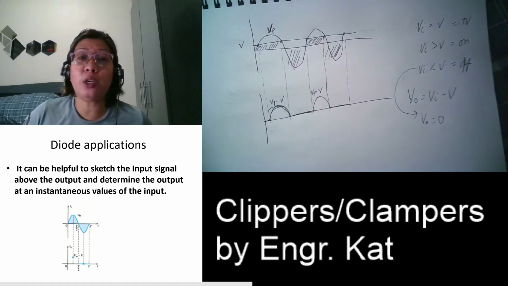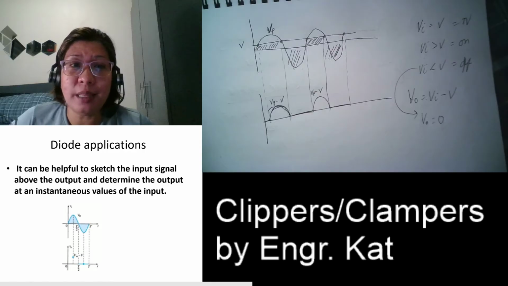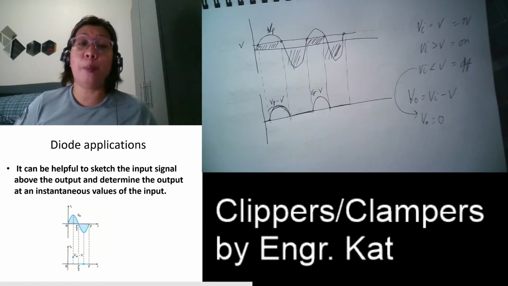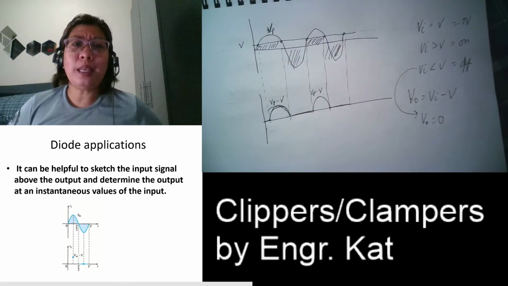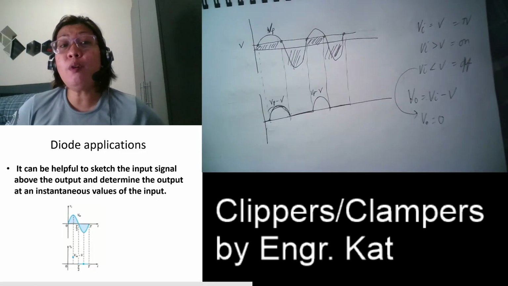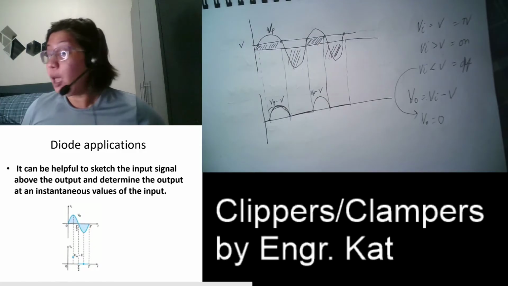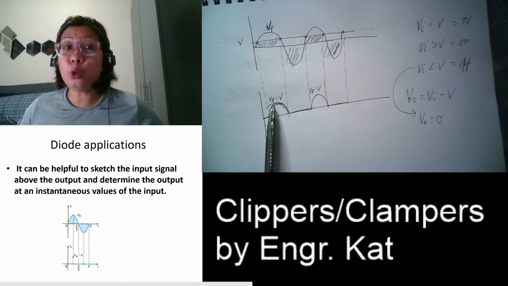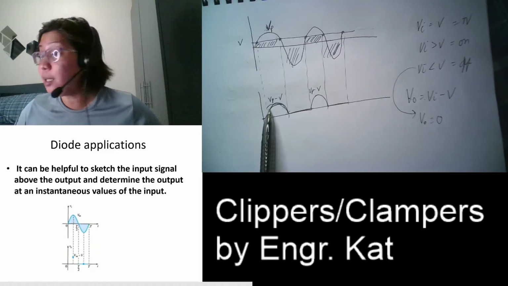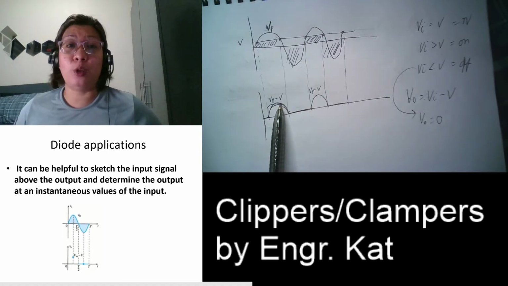We didn't just remove the negative half, we also removed a portion of the positive half. So what is the assurance that we removed a portion of your positive half? Because if this is Vp, the peak voltage here is no longer Vp, but already Vp minus V.